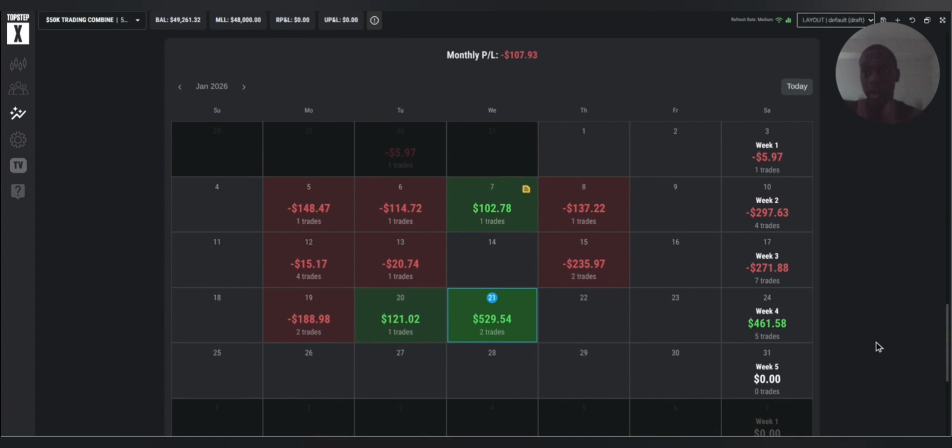This is the largest trade that I have ever won, a $529 trade. And this is the most profitable week of actual trading, not gambling, that I've ever had. It's crazy.